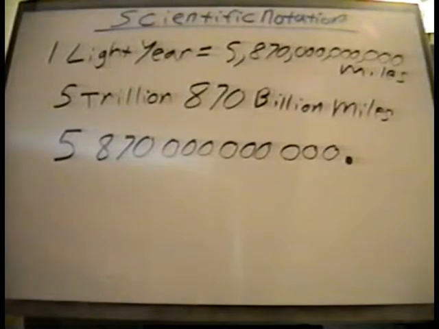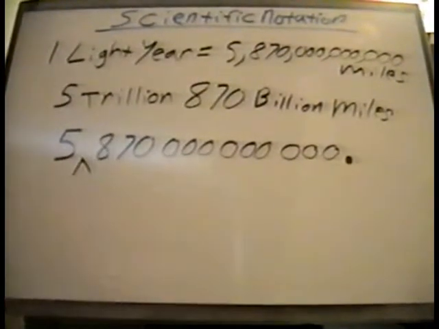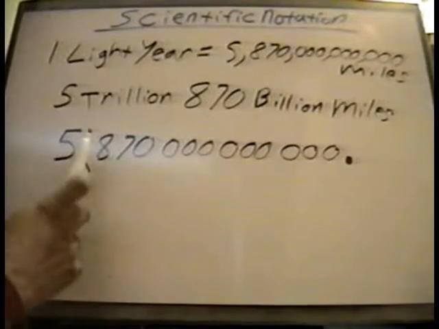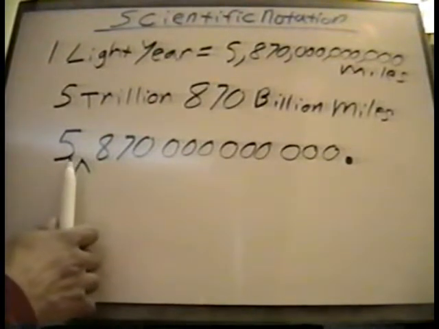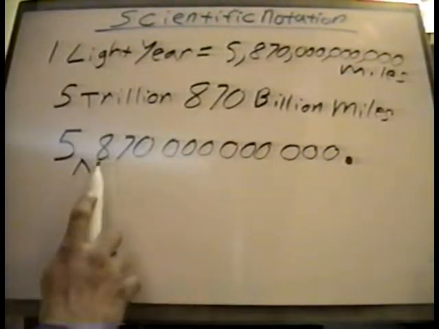Now, we place our caret here. Now we have our caret. We want to count the number of decimal places between the caret and the decimal point, which is 1, 2, 3, 4, 5, 6, 7, 8, 9, 10, 11, 12.